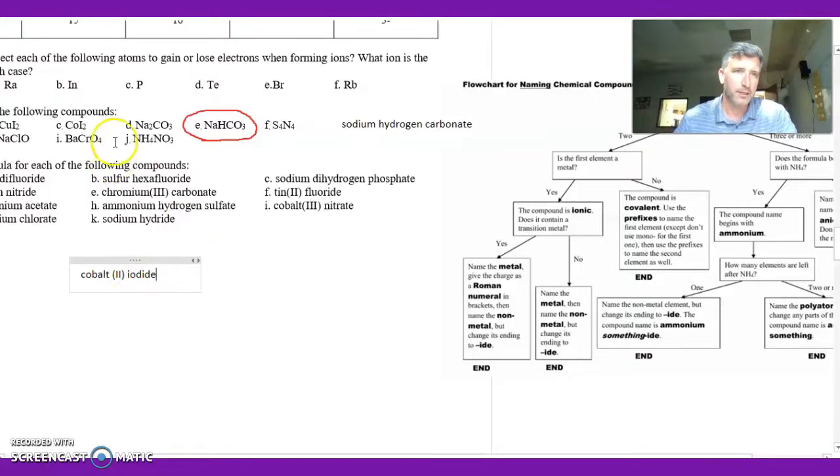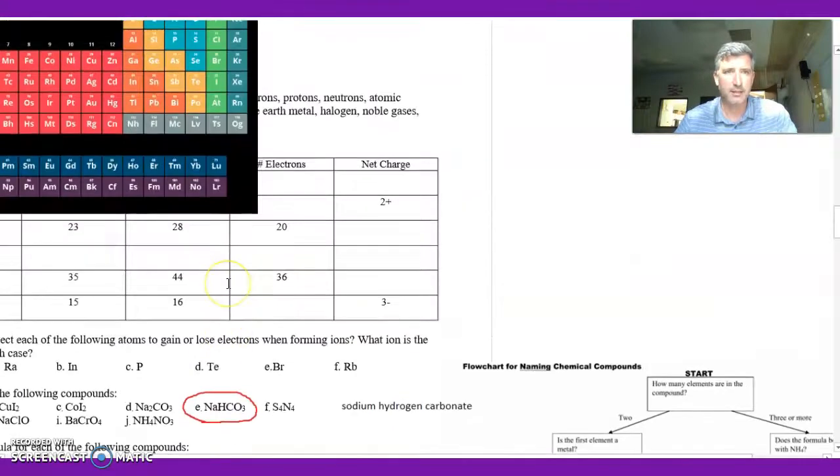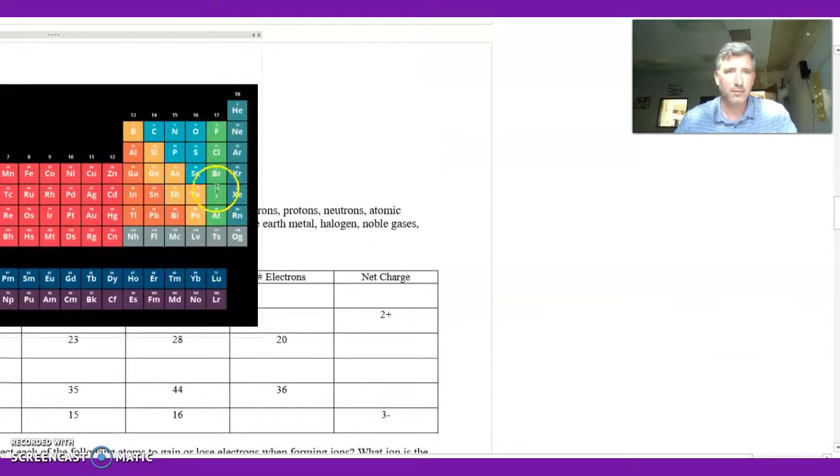The 2 came from the fact that iodine is in group 17 of the periodic table, and there it is right there, which means that it is just one gained electron away from being stable or having an octet of electrons. So iodide, along with fluoride, chloride, bromide, and astatide, will form -1 ions.